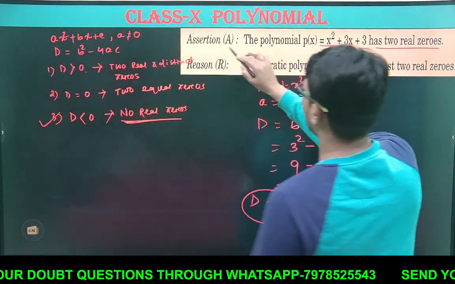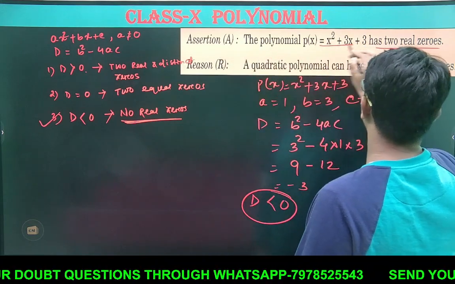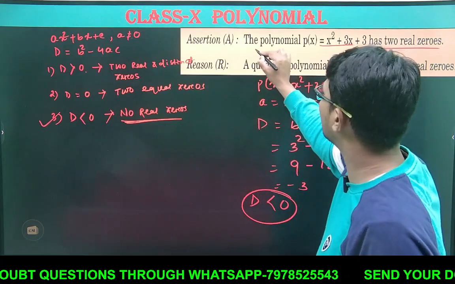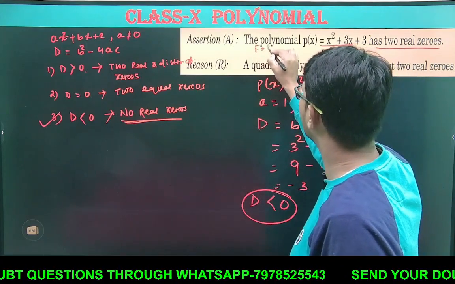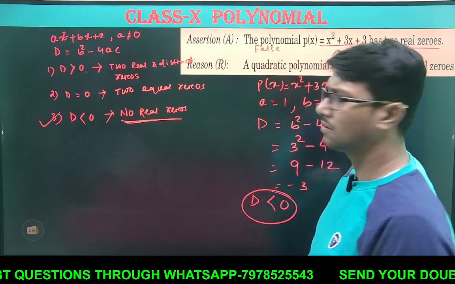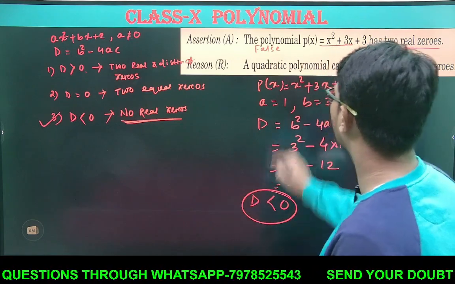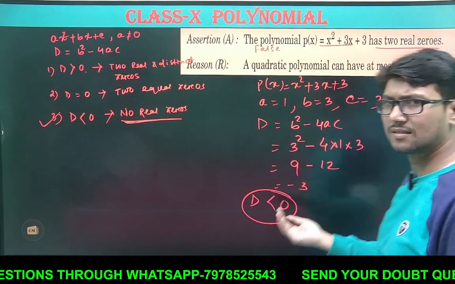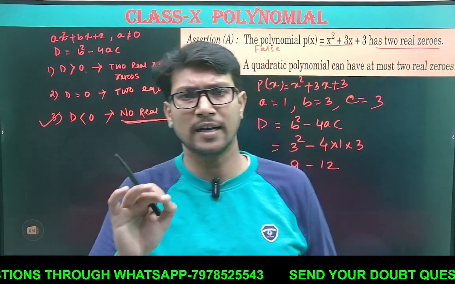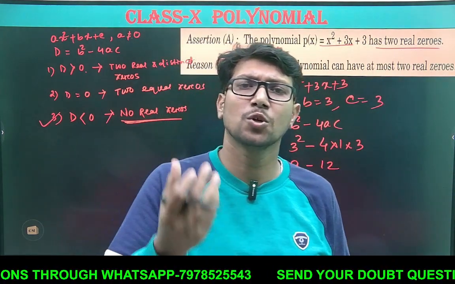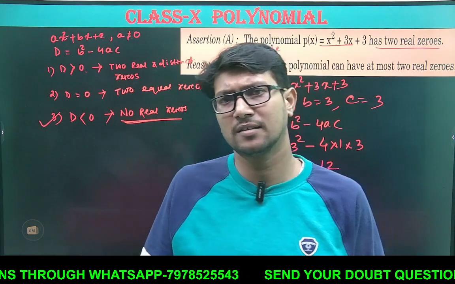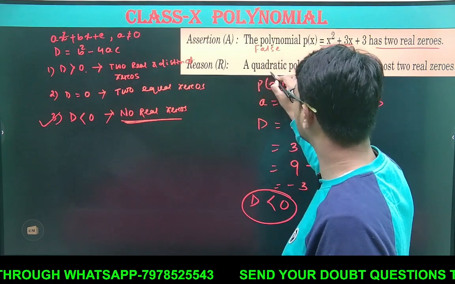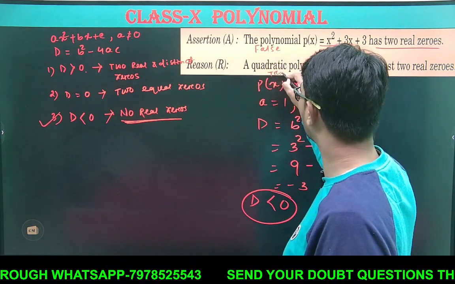So the question is saying the assertion, the polynomial p of x has two real zeros, which is wrong. So the assertion is false. What about the reason? A quadratic polynomial can have at most two real zeros. Yes, that is correct. Hence the assertion is false and the reason is true.